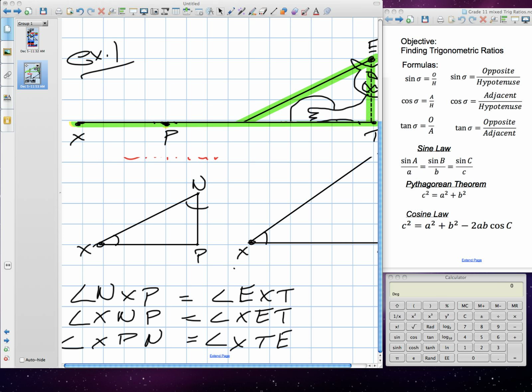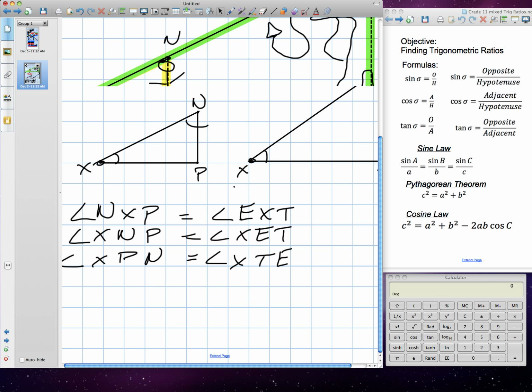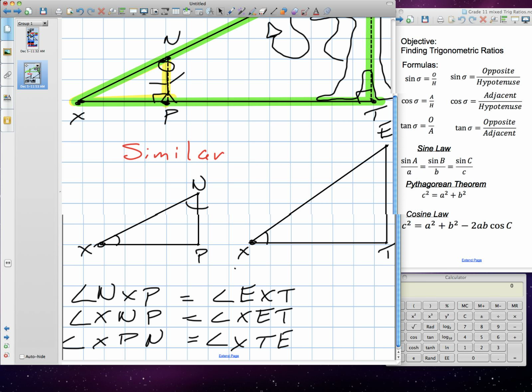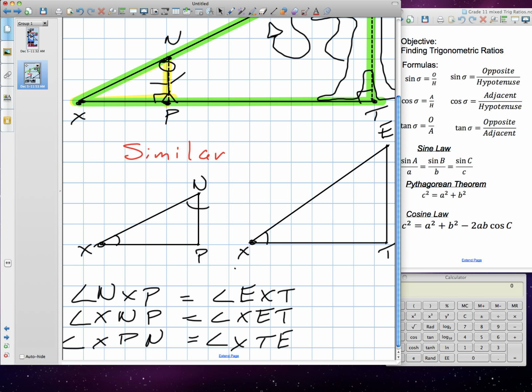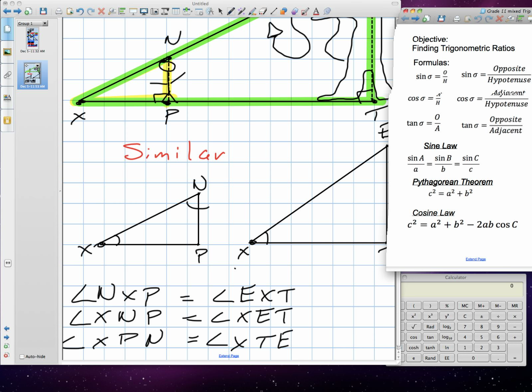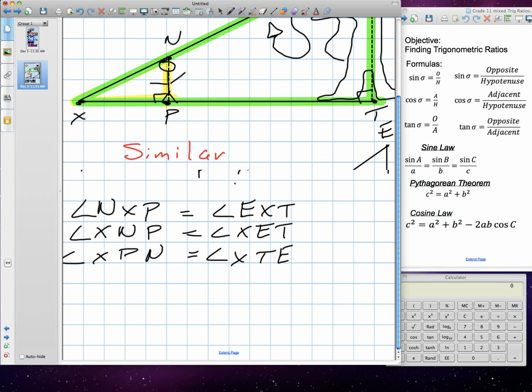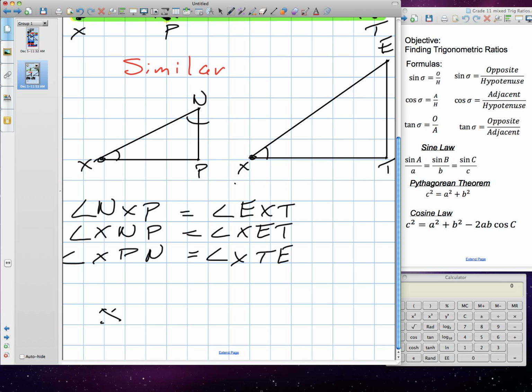One more thing I do want to go through. I'd like to talk about the sides of this triangle. Sides of these two triangles.